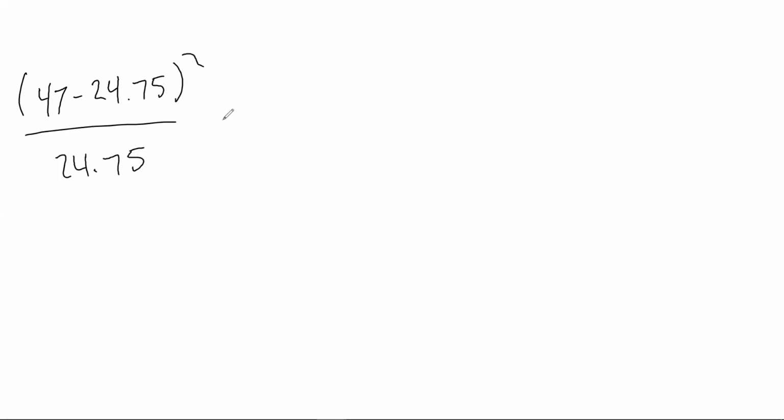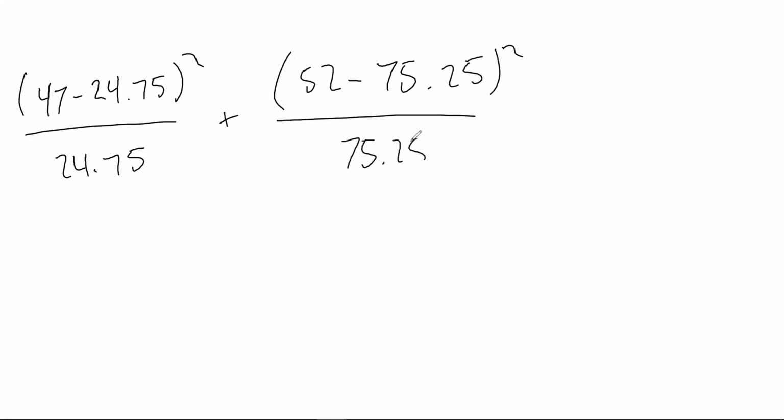Okay, let me rewrite the equation here. So when I did the math, I did 47 minus 24.75 squared divided by 24.75 plus 52 minus 75.25 squared divided by 75.25.